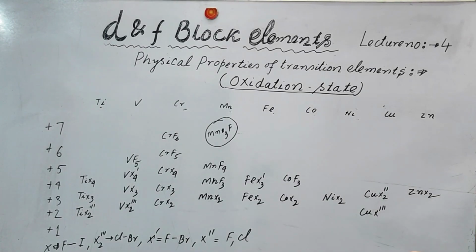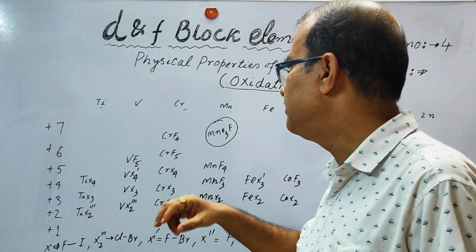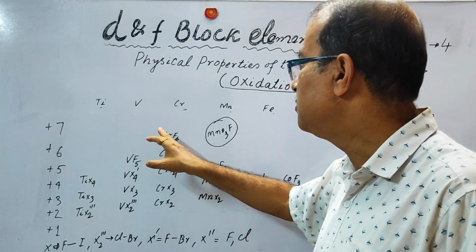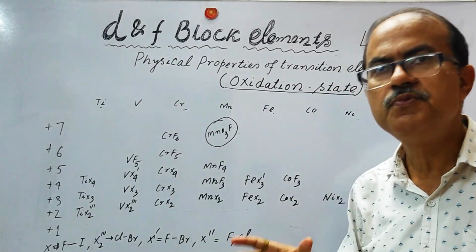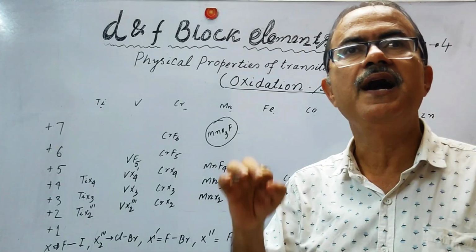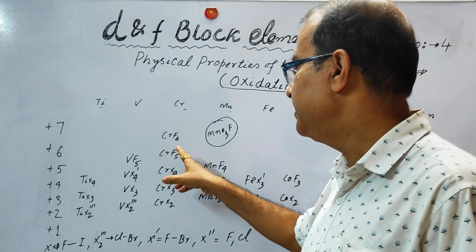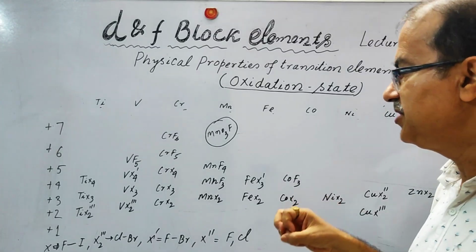So what we observe, try to understand it, is that the maximum oxidation state is observed in the case of fluoride. You can see for the vanadium also, in the chromium also, the maximum oxidation state you can observe. Why is it so? Because the bond enthalpy is very high in the case of fluoride, but the fluoride does not support the lower oxidation state.